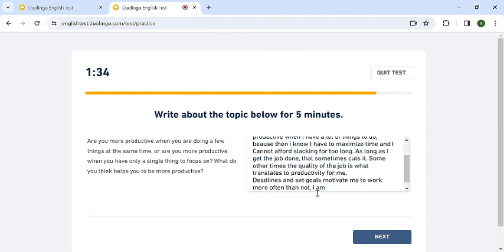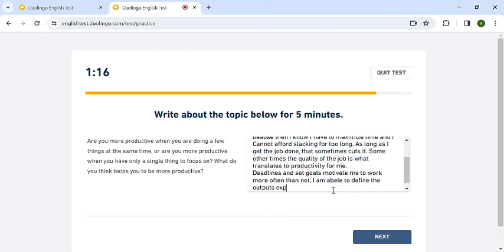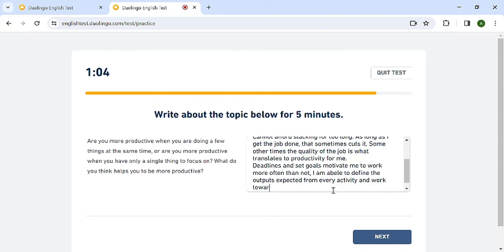I am able to define the outputs expected from every activity and work towards getting the desired result.